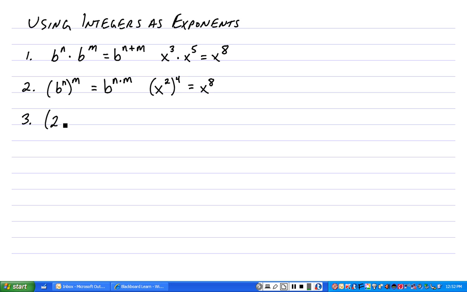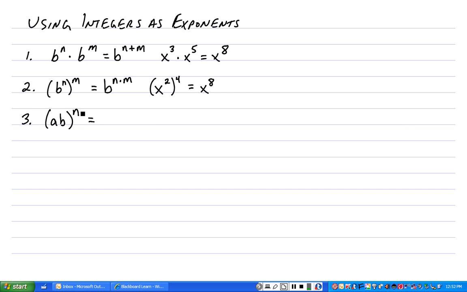Third, you have two products being raised to, well, excuse me, let me give you the property before I give you an example. a times b, a times b raised to the n exponent.